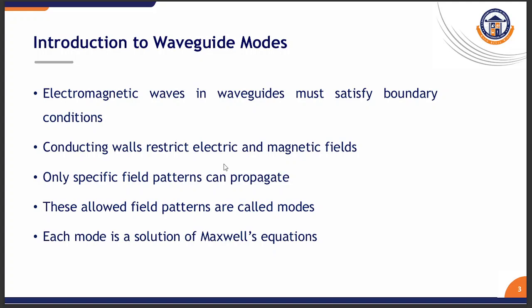Because of these restrictions, the fields cannot assume arbitrary distributions. Instead, they form specific patterns known as modes. Each mode represents a unique way in which electric and magnetic fields vary in space while propagating along the guide.